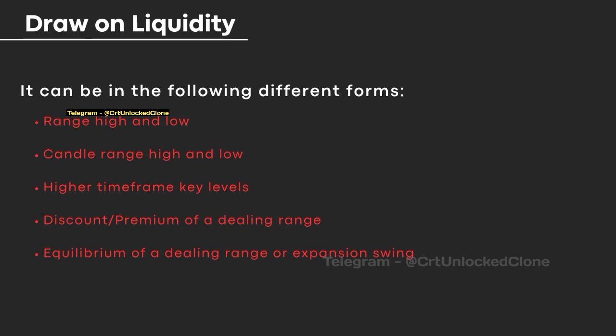If you're working with, let's suppose, a bullish order flow, then in that case, your short-term down liquidity would always be the discount or the equilibrium region of that particular dealing range or expansion swing, and your long-term down liquidity would always first of all be the premium region of the dealing range or a key level inside the premium region, right? That's how you're going to use premium slash discount for a more refined drawn liquidity. In terms of bearish order flow, right? Premium region would act as your short-term drawn liquidity, and the discount is your long-term drawn liquidity.